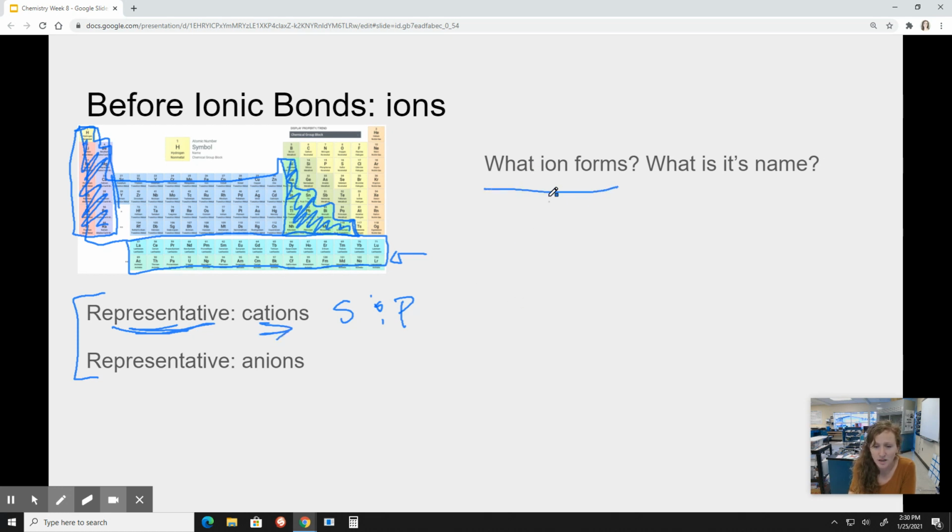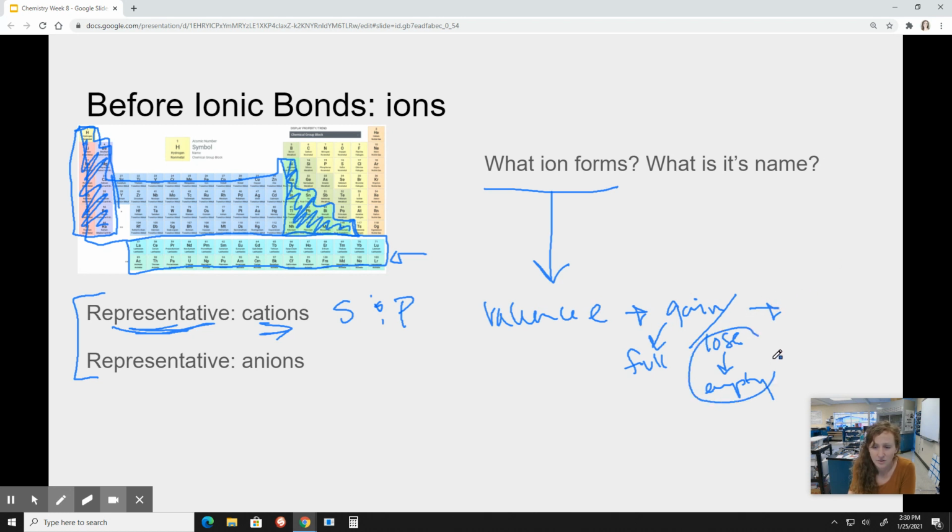And remember, when we're talking about what ion forms from these, we really have to look at the valence electrons, and then we have to decide, are they going to gain or lose electrons to have full or empty valence shells, right? And then the number that the metals are going to lose is going to equal their charge.